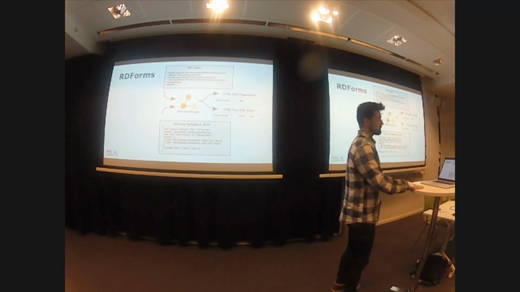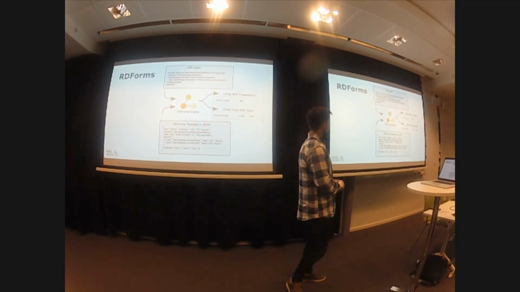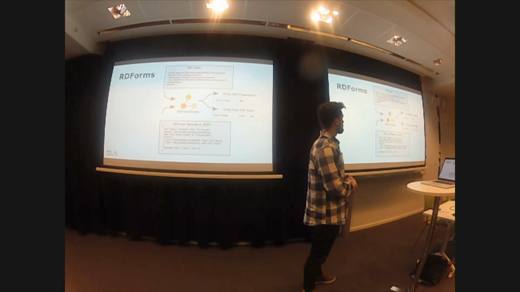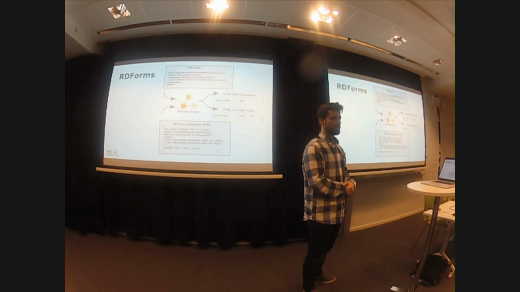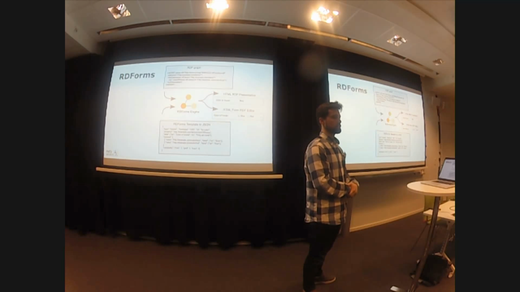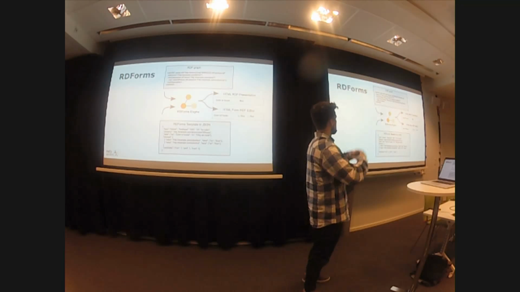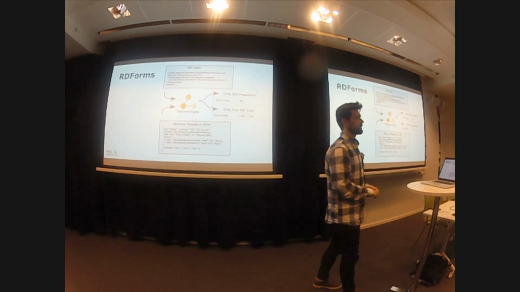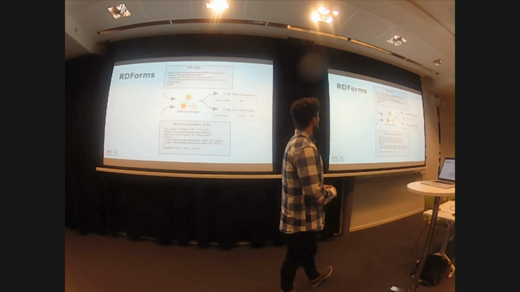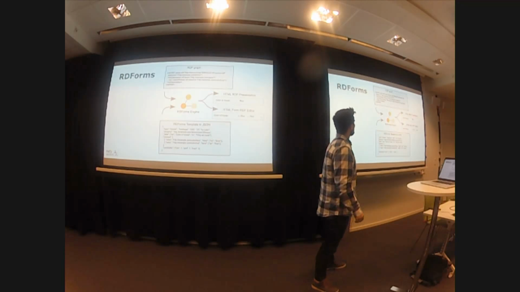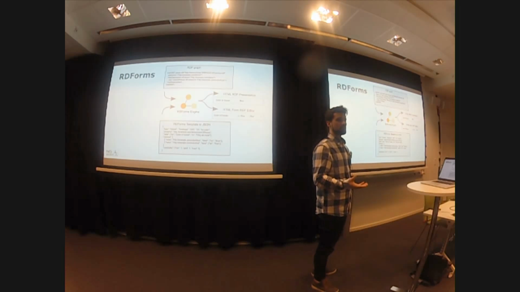A brief detour. RDForms is a library for editing and presenting RDF about resources. So we're talking about resource level now, specific things, and not really the cloud that we saw before. Here we have an input, which is an RDF graph, and also the resource in this RDF graph.